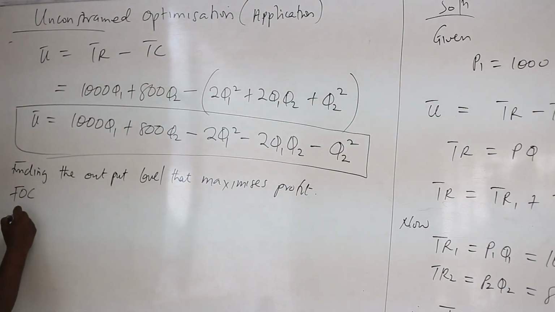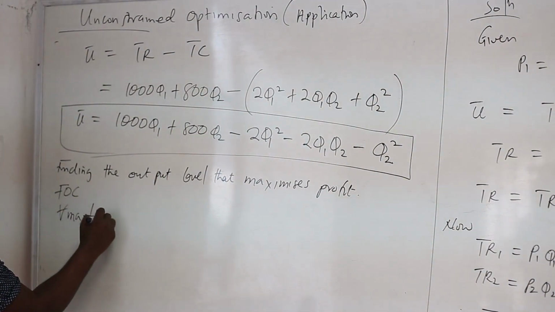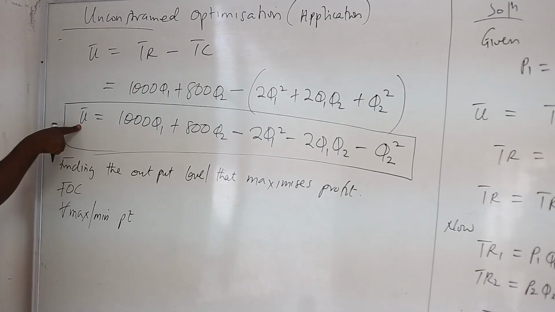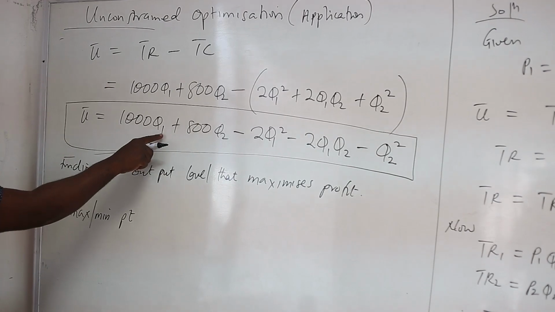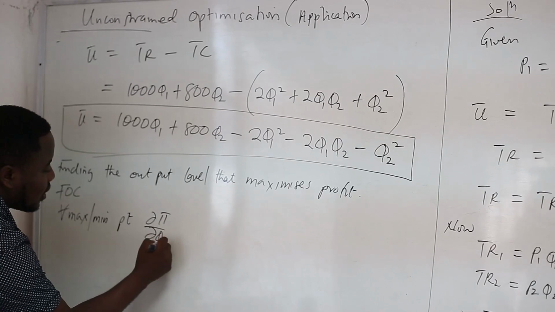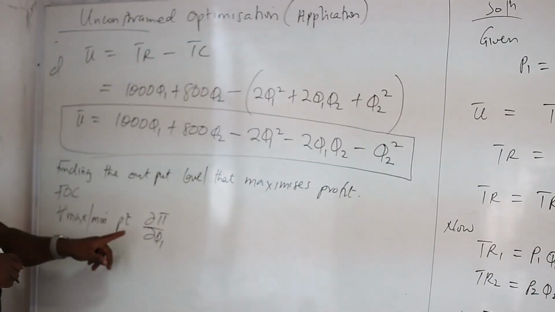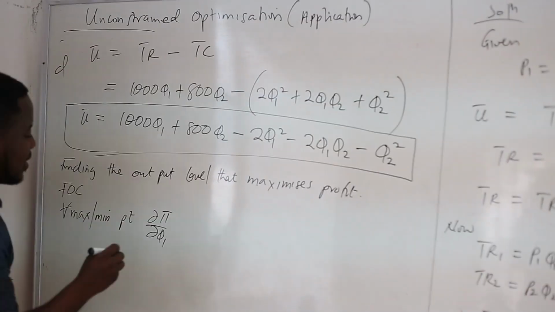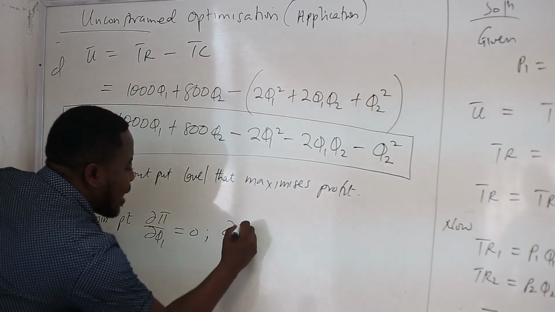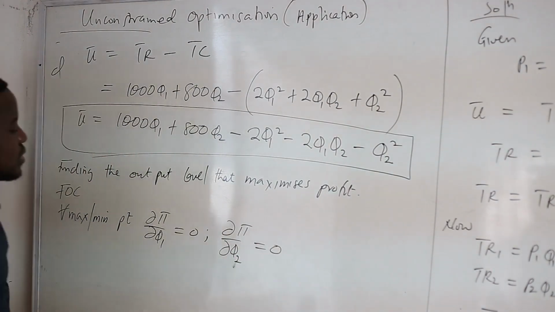The first order condition states that for any max or min points, so here this is not z again, this is pi, in terms of q1 and q2. So the partial derivative of pi with respect to q1, and note this d is not total d, this is partial derivative, should be equal to 0, and the partial derivative of pi with respect to q2 should also be equal to 0.